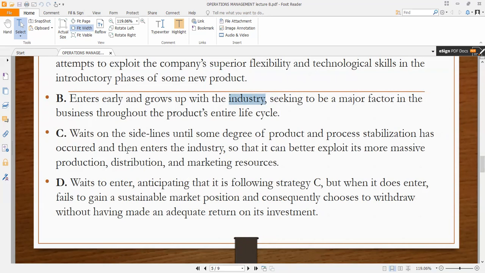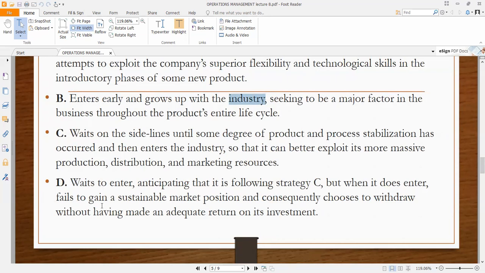At some point, you may choose to wait until the product and process stabilize, meaning that more people enter and there is some stabilization. Once the market stabilizes, it can give you more insight and more exploitation with regards to the massive production that one may wish to undertake.